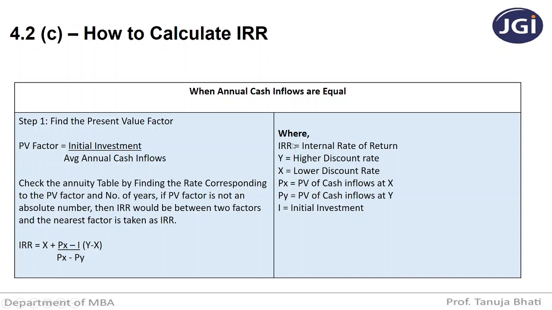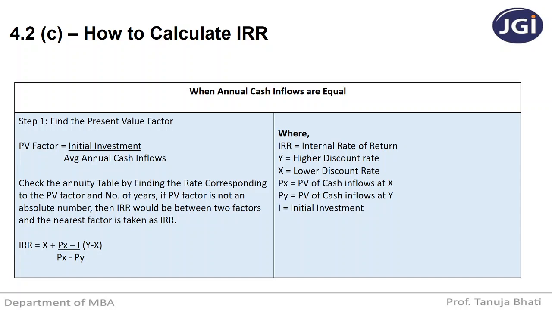Where IRR is internal rate of return, y is higher discount rate, x is lower discount rate, px is PV of cash inflows at x, py is PV of cash inflows at y, and I is initial investment.